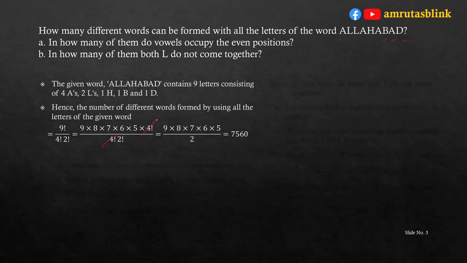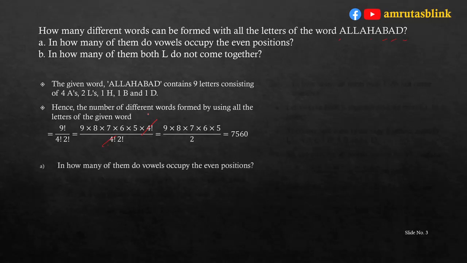Now this 4 factorial will get cancelled. So we will have 9 into 8 into 7 into 6 into 5 divided by 2, that is 7560. So we can create 7560 words without any restriction.